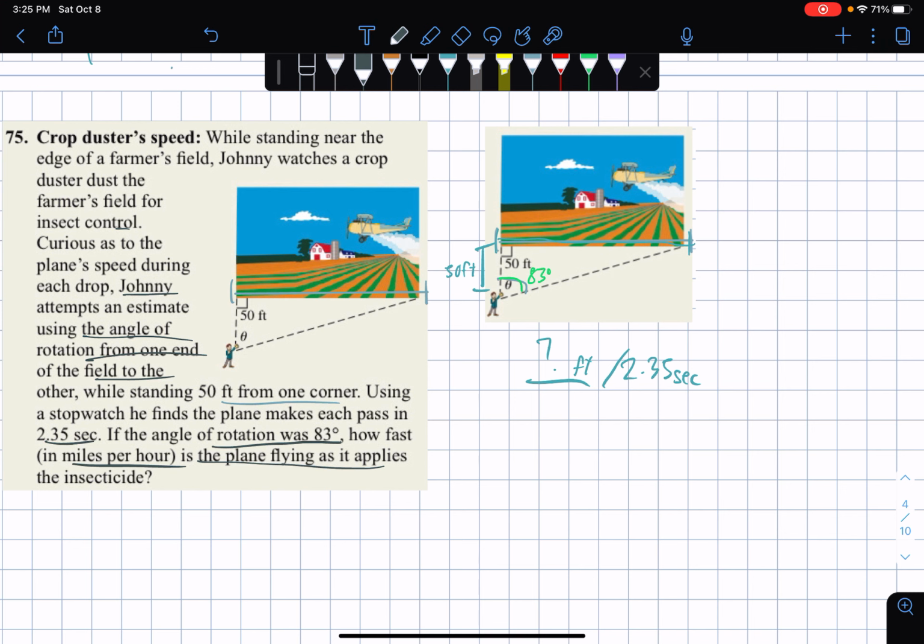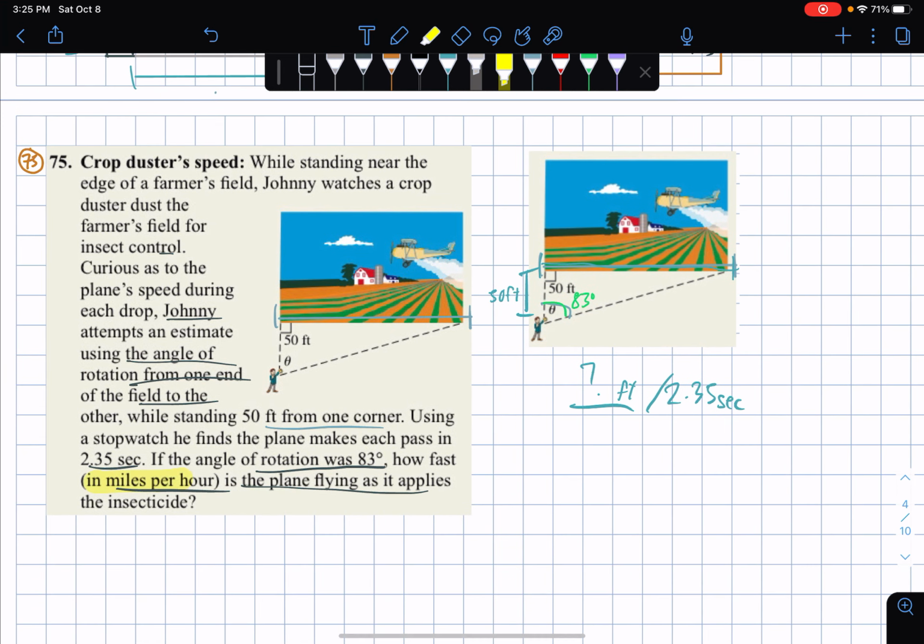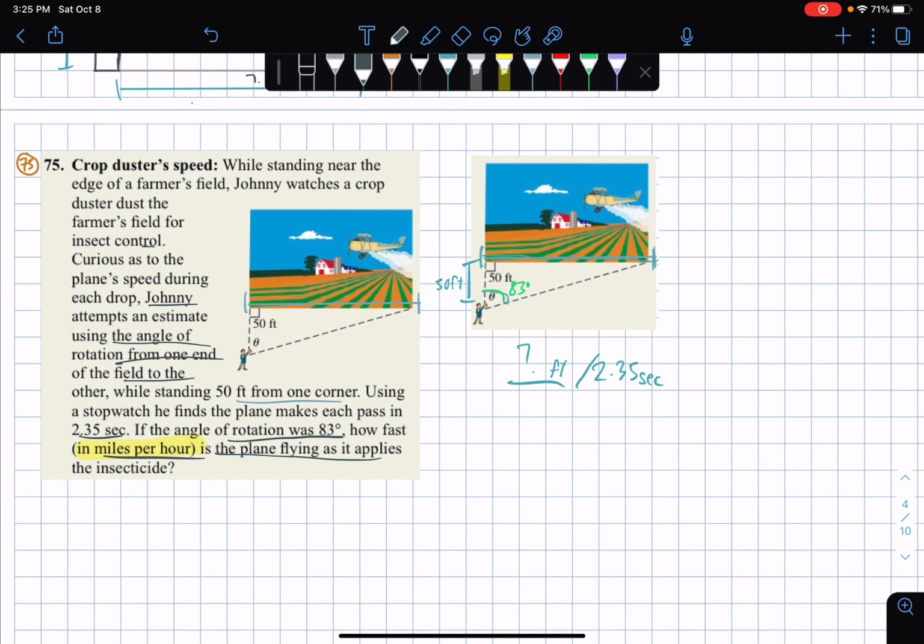So, we have to acknowledge that the final answer is supposed to be in miles per hour. So, let's proceed. We'll be converting the values later. First, we need to find this. So, TOA, tangent 83 degrees is equal to, so opposite side, which is the missing value, divided by the adjacent, which is 50 feet.